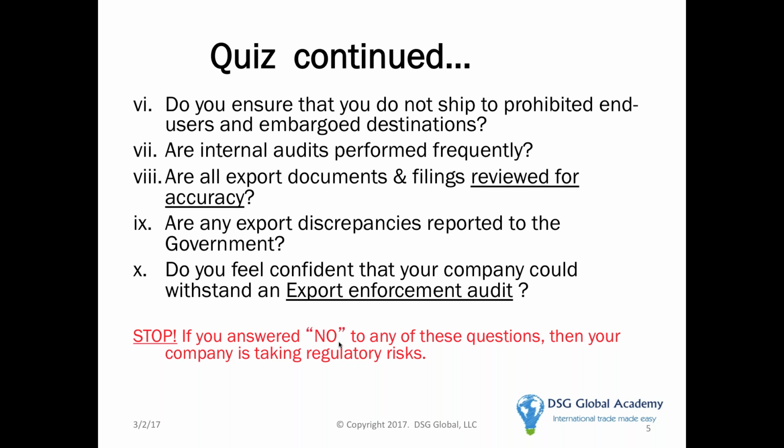Number 9, if you were to find any errors or discrepancies, do you report it to the government? Or do you just hope that they won't find it? And number 10, are you confident that your company can withstand an export enforcement audit? Friends, obviously, if any of these are no's in your company, then you know which areas you need to fix.